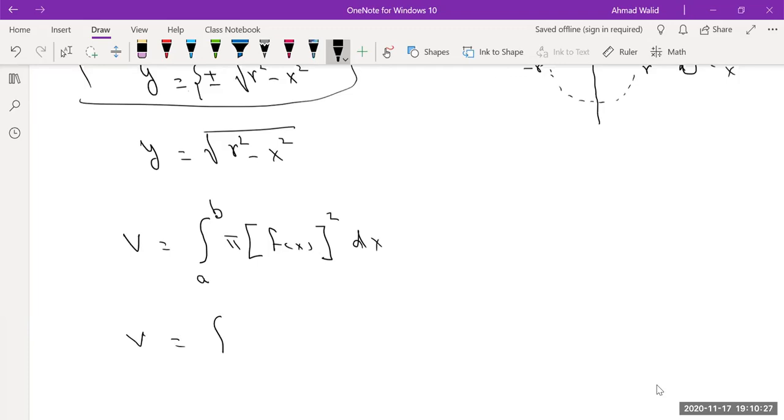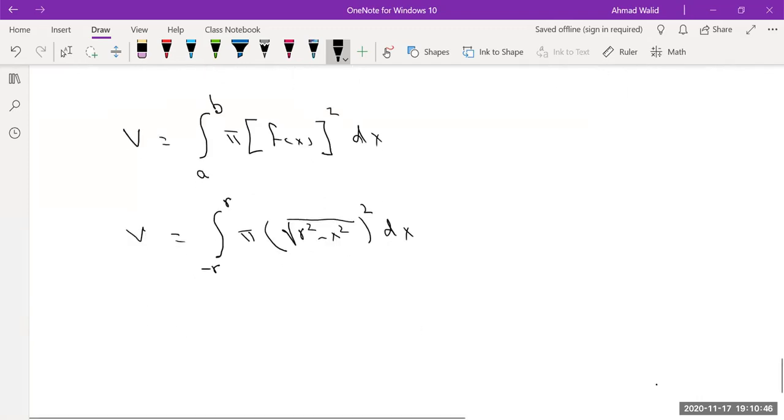It means I'll set it like this. V equals the integral from negative r to r of pi, what is f of x? My function is the square root of r squared minus x squared, all squared, dx. Correct? Let's continue.